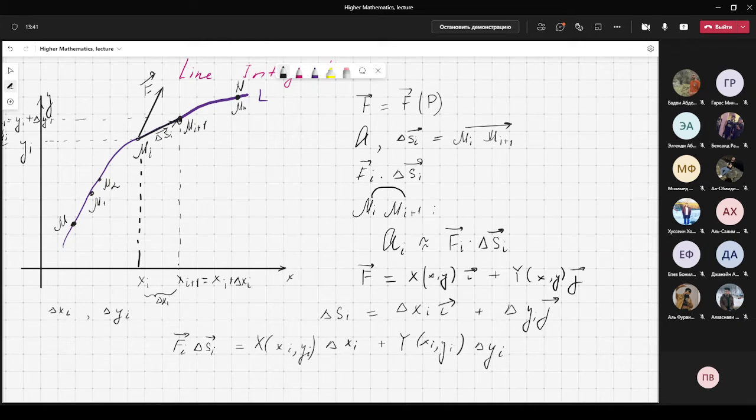The approximate value of the work A of the force F over the entire curve MN will be A approximately equal to the sum over i from 1 to n of the scalar product F i times delta S i, or the sum over i from 1 to n of X of x i y i times delta x i plus Y of x i y i times delta y i. Formula 1.